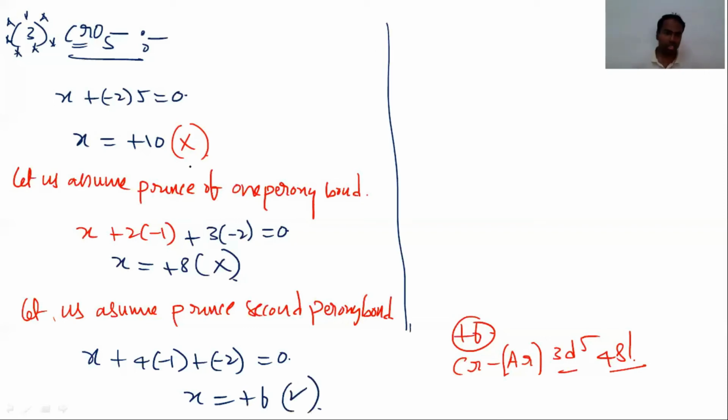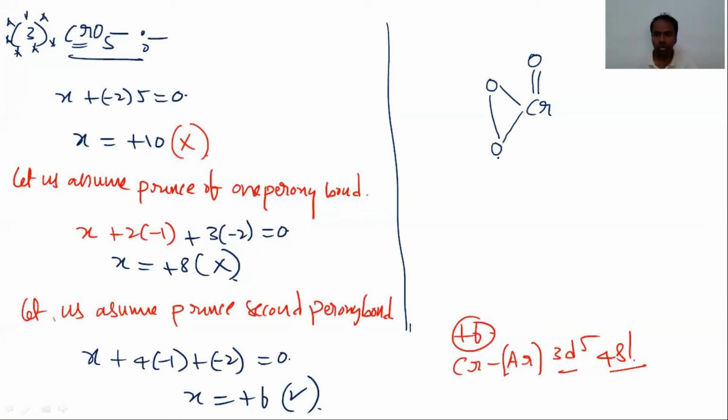So you can follow this method if you don't know the structure. But if I know the structure, sometimes knowing the structure is also important, because second method is easy. So there are two peroxy bonds.